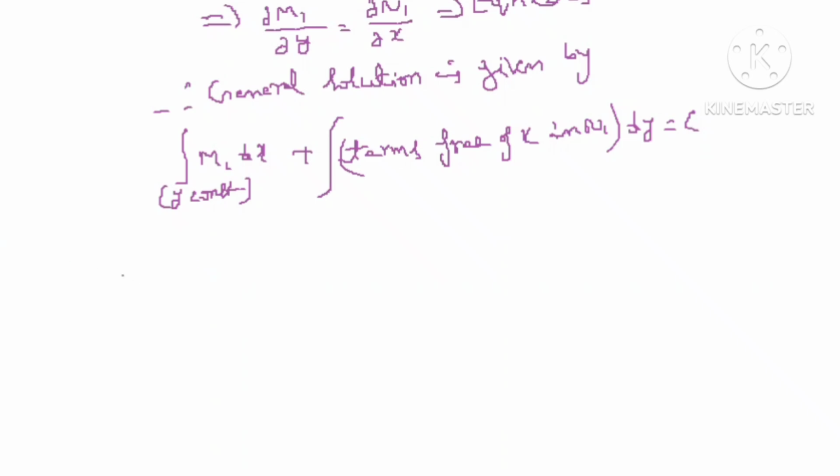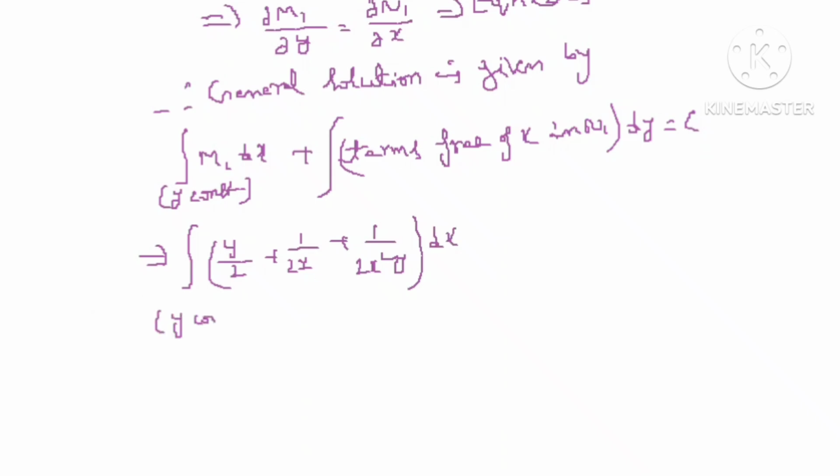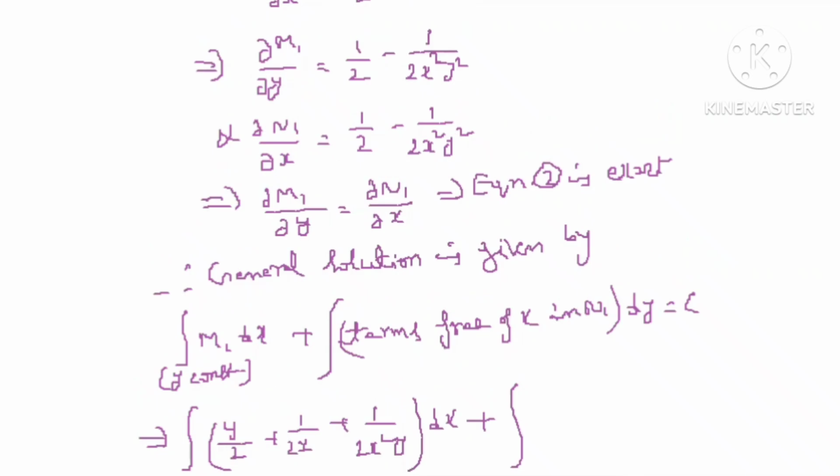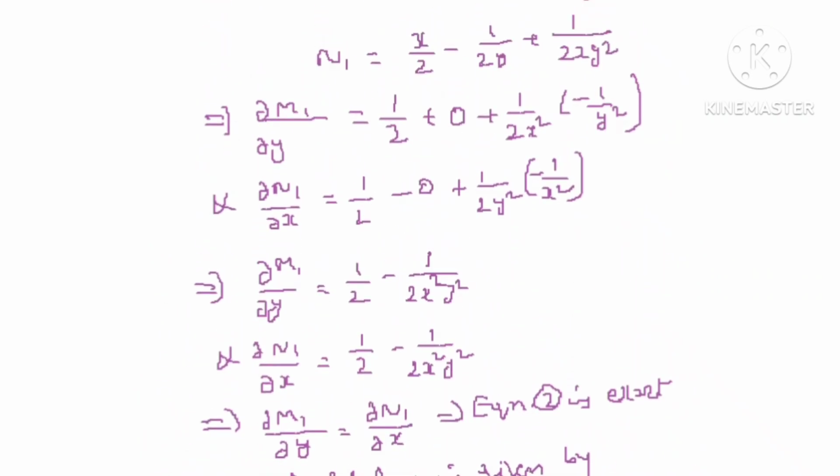So this implies integral of (y by 2 plus 1 by 2x plus 1 by 2x square y) dx, where y is constant, plus integral of terms independent of x in n1.